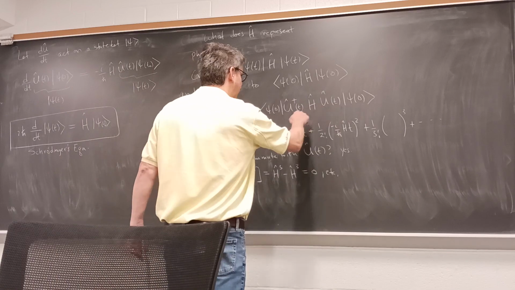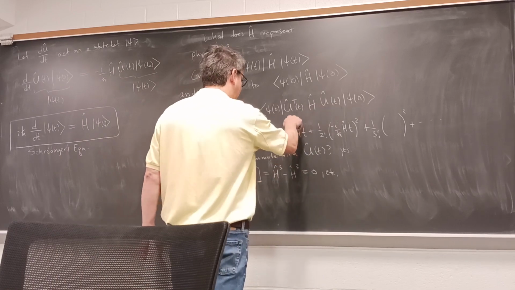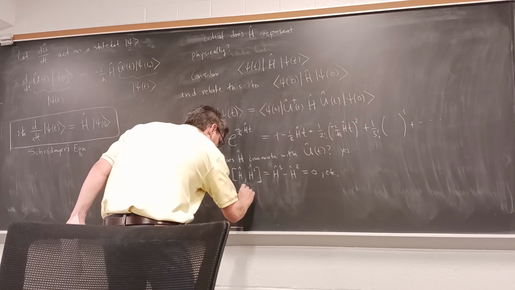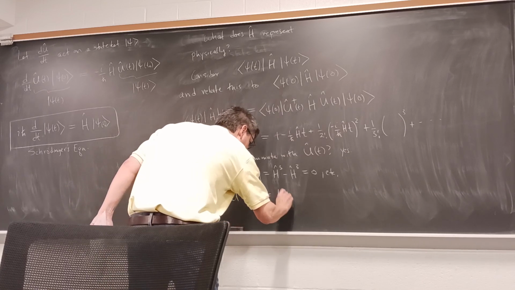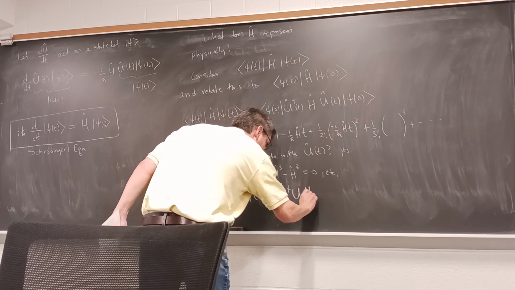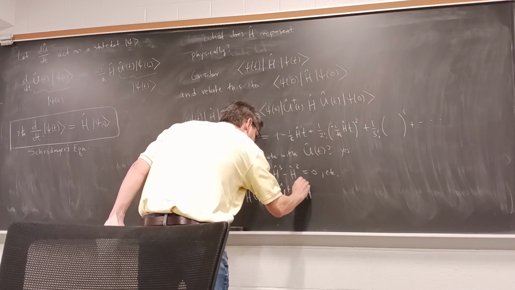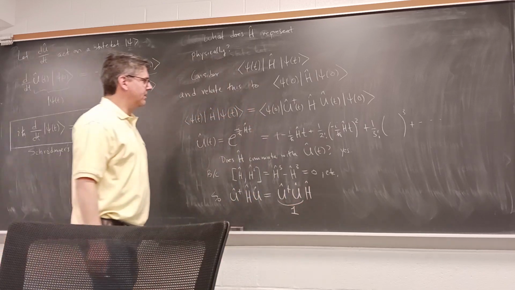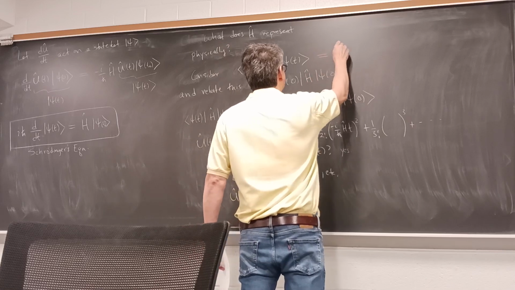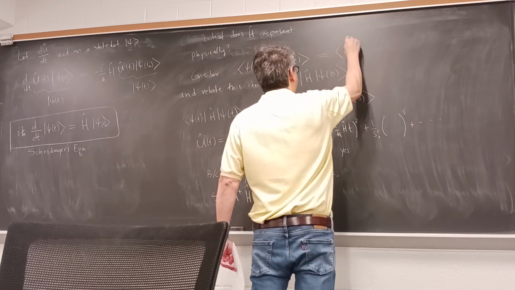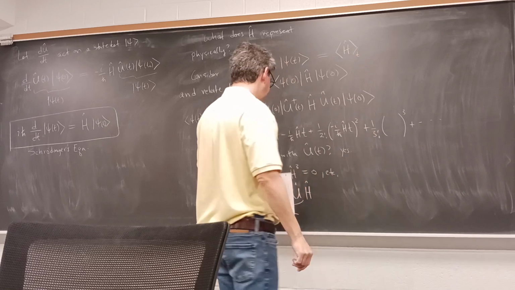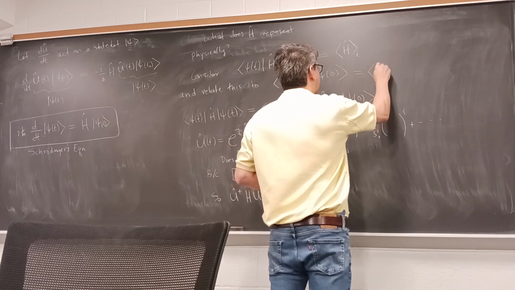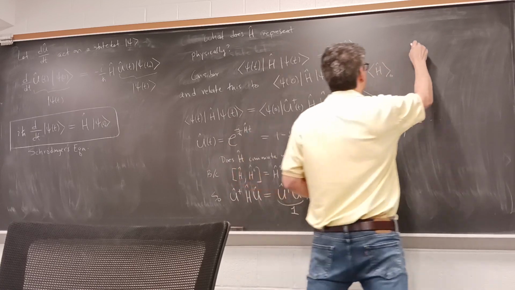So that means I can just move the U over here, and then we'll use U dagger U equals 1. So U hat dagger H hat U is equal to U hat dagger U H, and this is just 1. So we can call this the expectation value of H at time t, and that has to equal the expectation value of H at time 0.